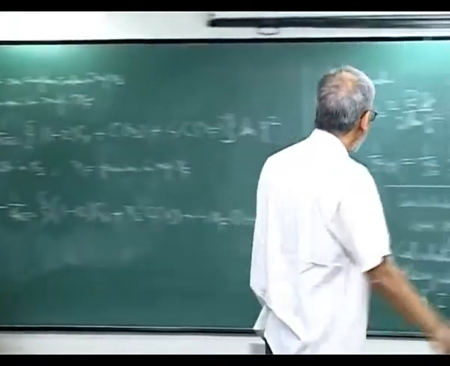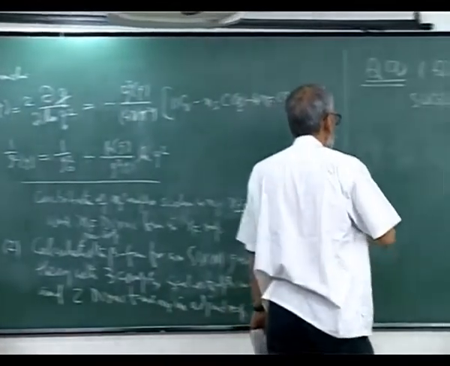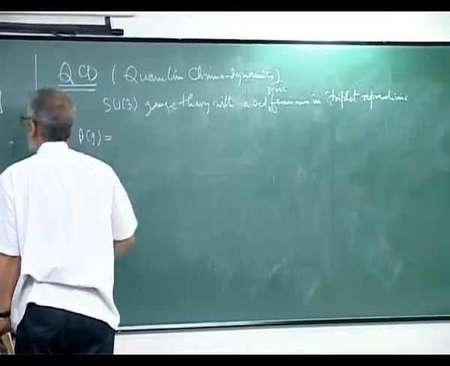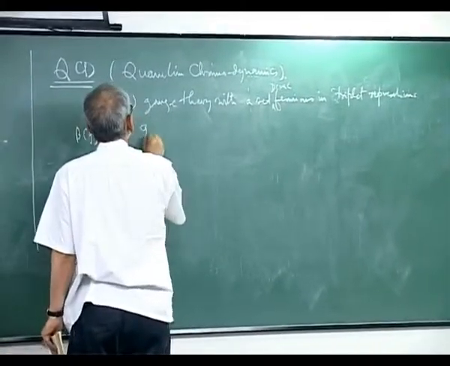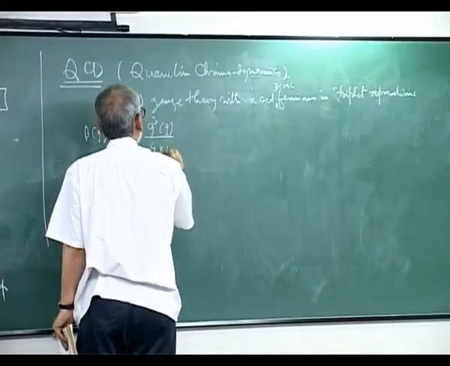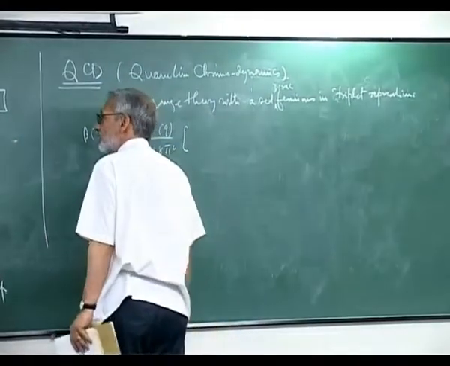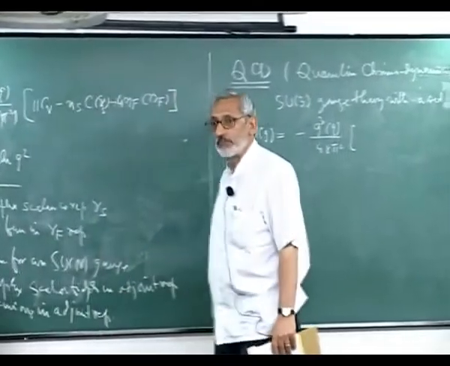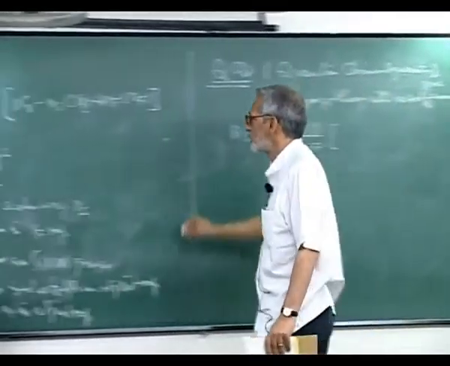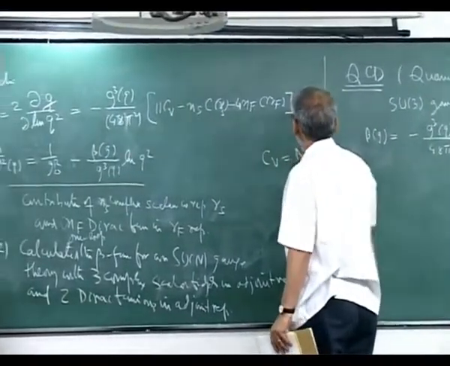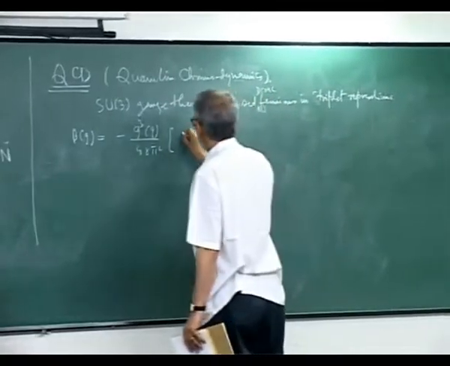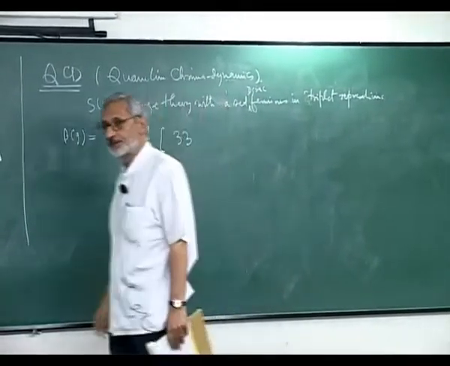So now that we have a general formula for the beta function of this theory, we can write now the beta function of this theory: g cubed over 48 pi squared times 11 times C_V. And C_V for SU(3) theory, we had said, is 3, so this is 33.